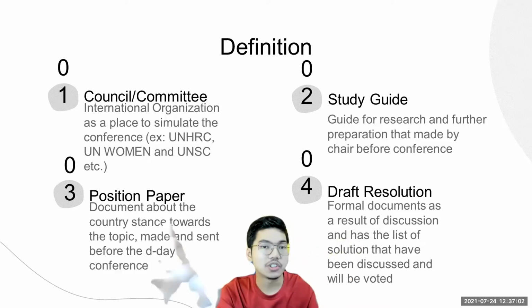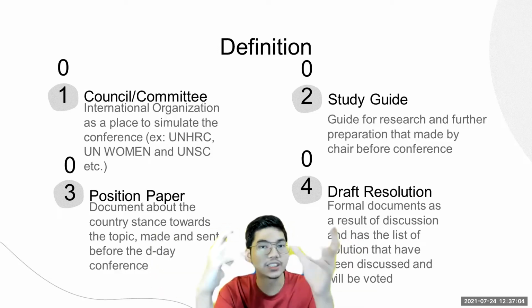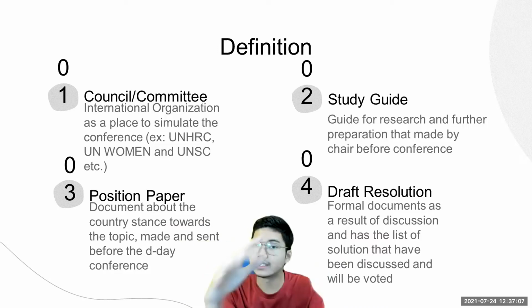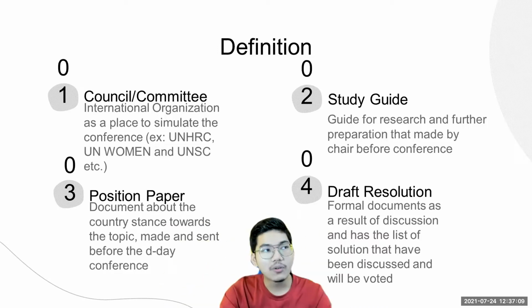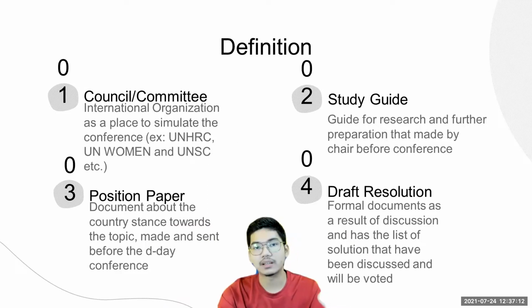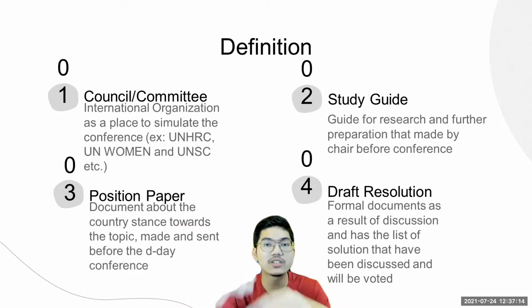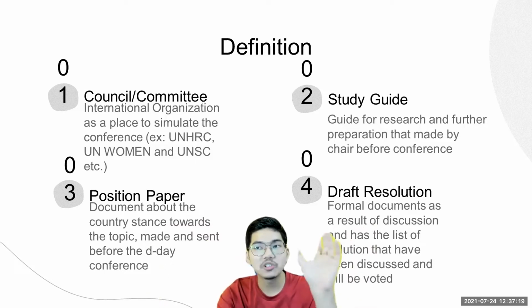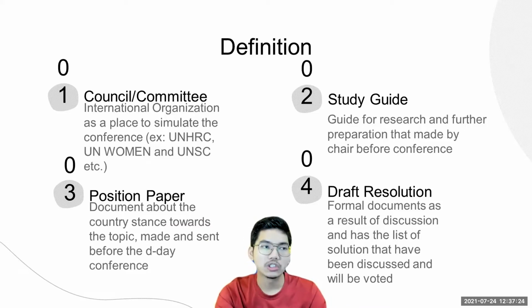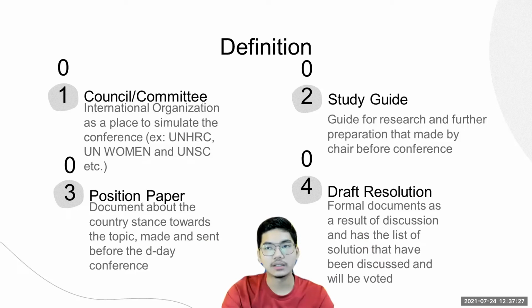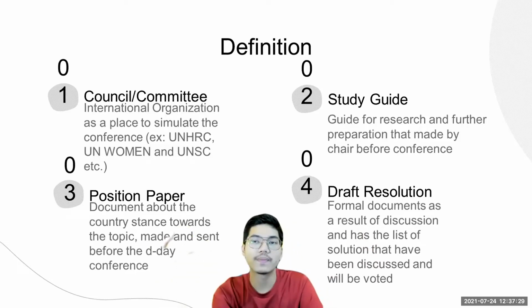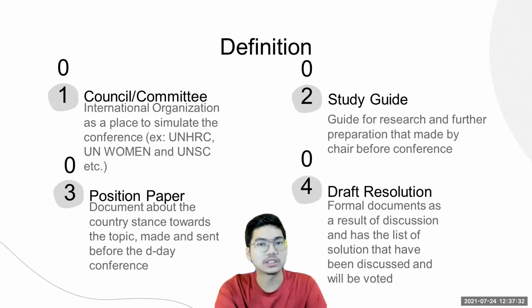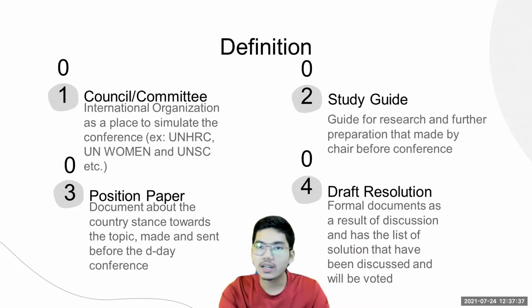But you're going to have to use the lens, the perspective of a country and not a council. So if COVID-19 is the topic, then your position paper is going to be about how you see that virus, how you address the problem of that virus in your country. What did you do to overcome the issue of COVID-19? Did you, for example in Indonesia, apply social restriction programs to your areas, or do you limit 100%?